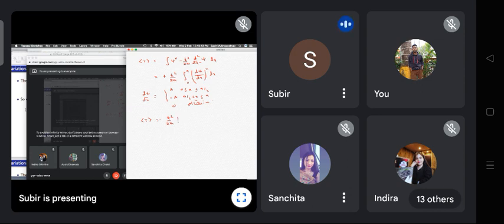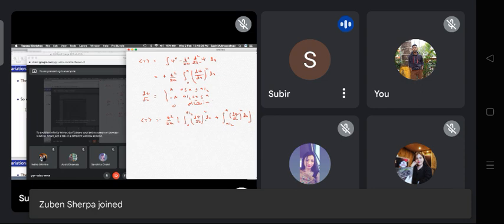So first we put 0 to a by 2, d psi dx whole square dx, plus a by 2 to a, d psi dx square dx. Beyond that, psi is 0 and d psi dx is 0, so there is no point considering the contributions.